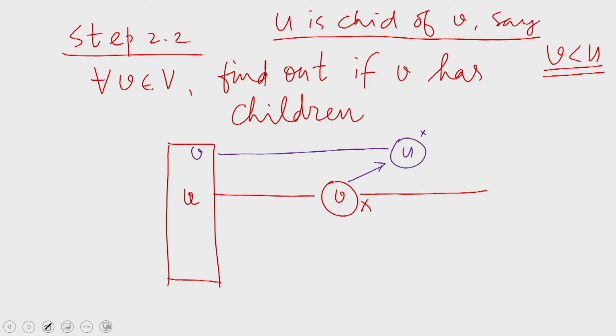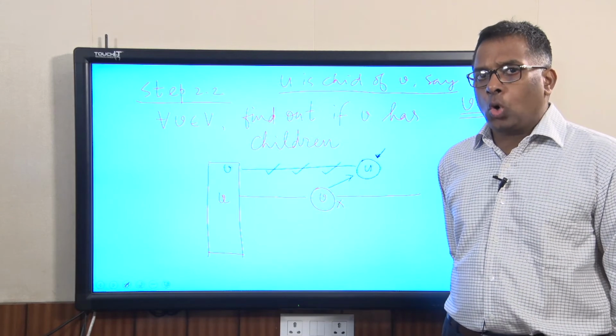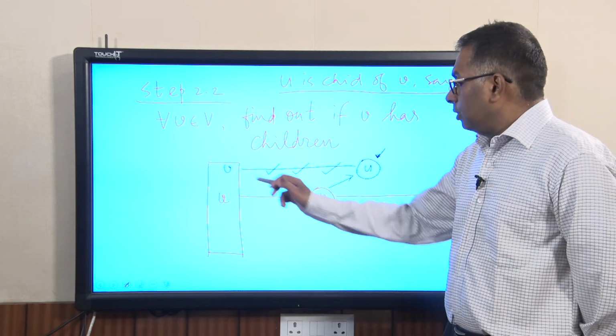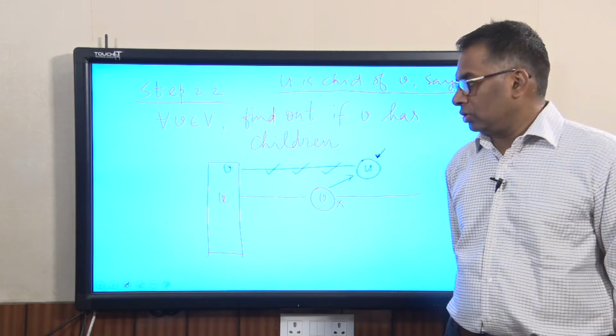Of course, you can put a different mark to indicate that this is a child, that is, u is a child of v. So if v has multiple children, now in the adjacency list of v, multiple tick marks will appear. Therefore, to detect if v has a child, all you have to do is to check if there is a tick mark on this adjacency list.